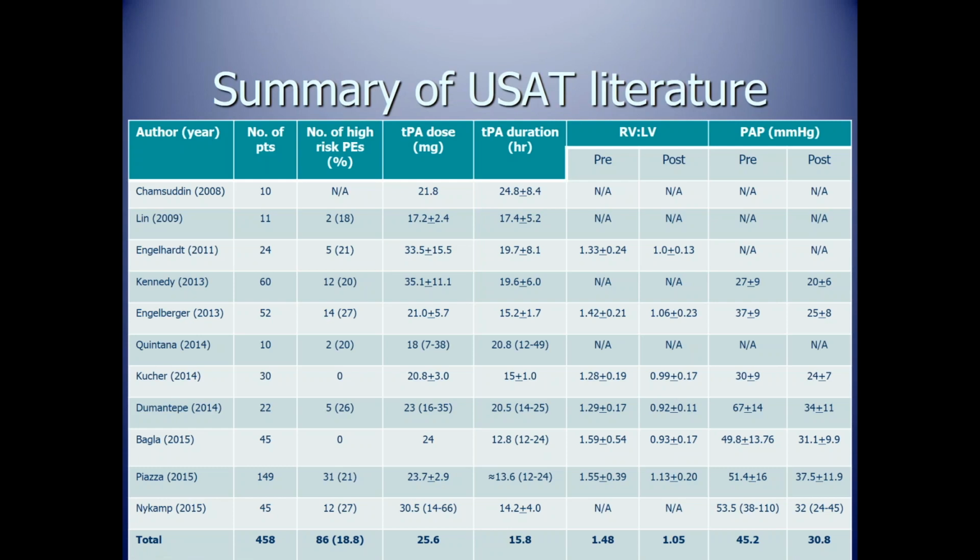The TPA dose averaged around 25 milligrams total. The infusion was about 16 hours total, which is probably what for most people is a standard overnight infusion of thrombolytic. The pre-RV to LV ratio in these trials was 1.5 and then went down to just over 1. And the pulmonary pressure systolic went from 45 to around 30.